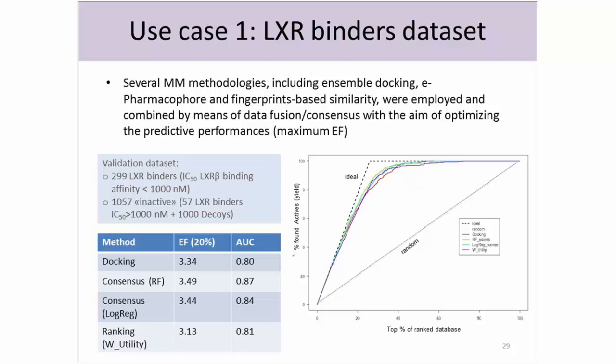And this is the result that we got using different scoring functions here. So you see, we are not so far from the ideal, and usually what is done is to stop at this point. Well, the answer is yes. We are able to find the active known binders of LXR and PPARγ.